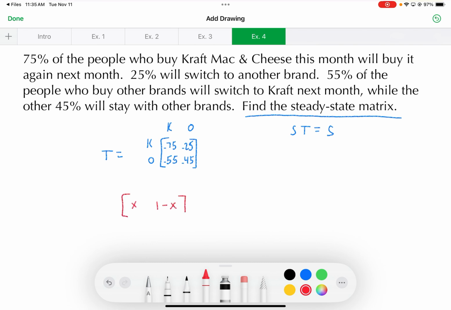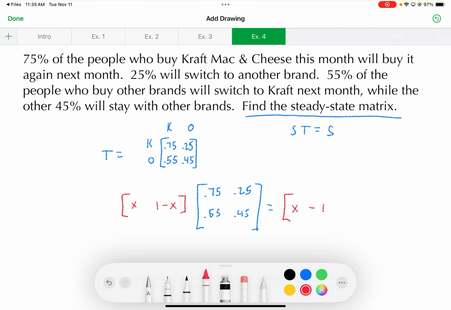Well, the steady state is going to have to be x for the first element, and then the second element would have to be 1 minus x, because together they're supposed to add up to 1, right? And you're going to multiply that by T. And we know that this product should result in itself.